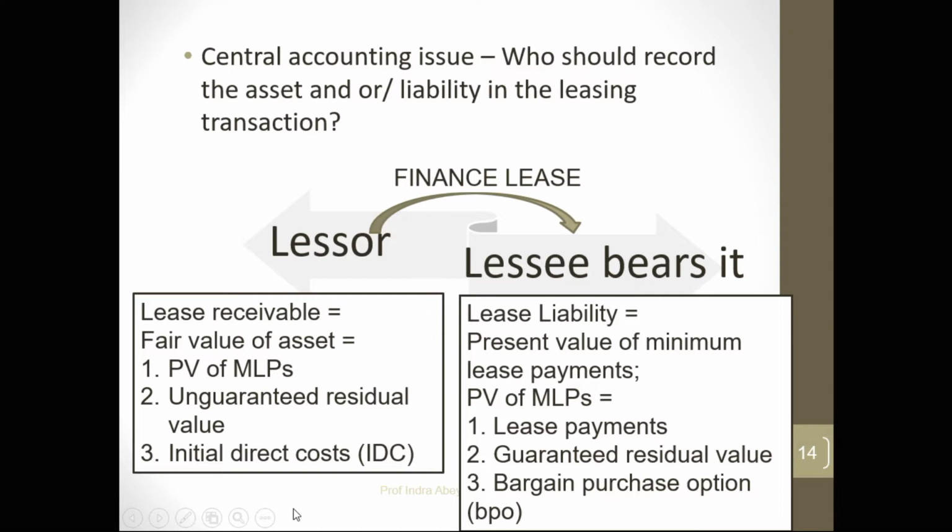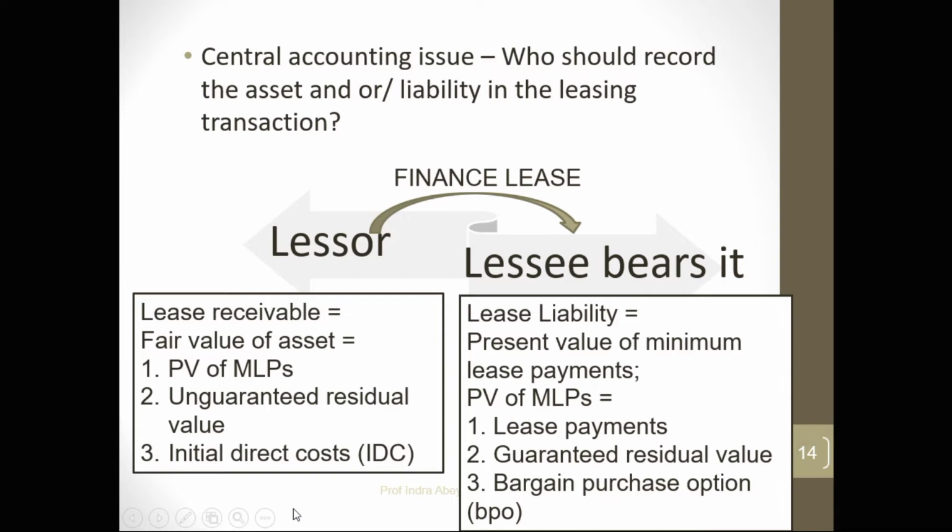For the lessor would have the fair value of the asset, that's the present value of minimum lease payments, and in addition to that, there's unguaranteed residual value that the lessor can then earn after returning the asset by the lessee plus the initial direct cost.